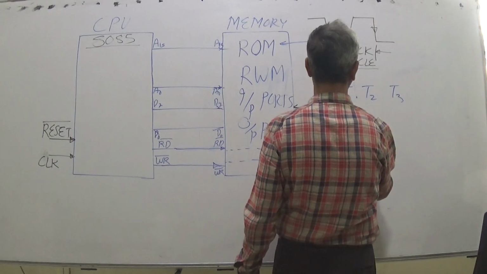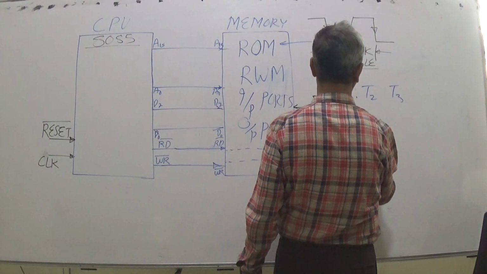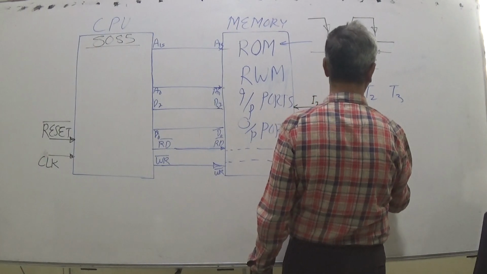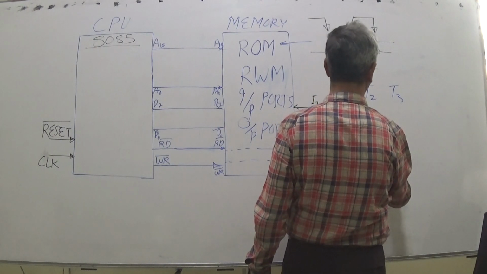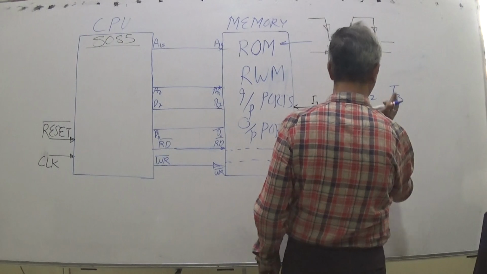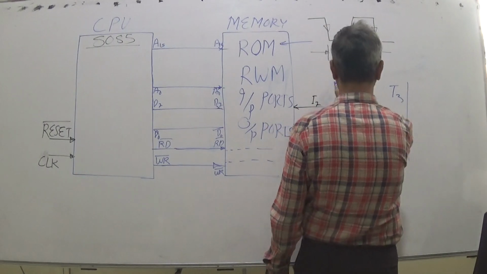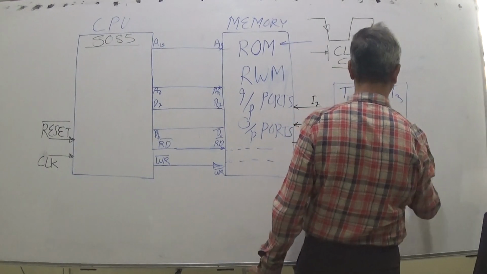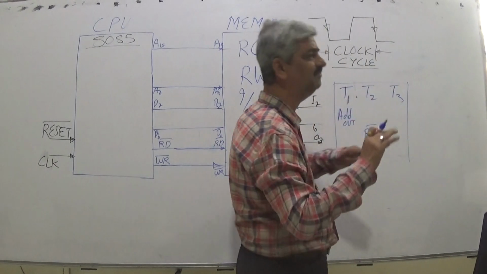In T1 it will put the address out. In T2 it will make read bar low and it will capture, and in T3 it will not do anything, prepare for the next cycle.